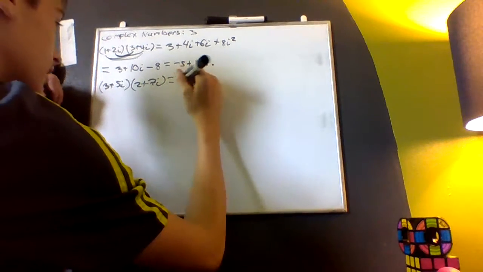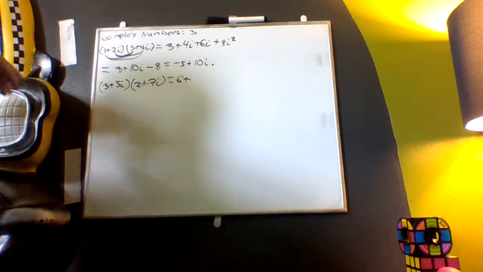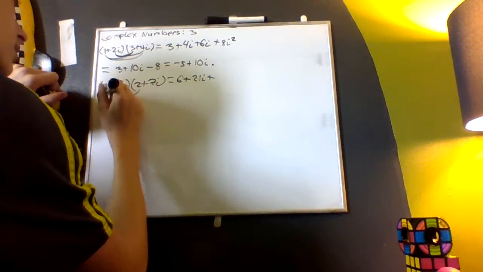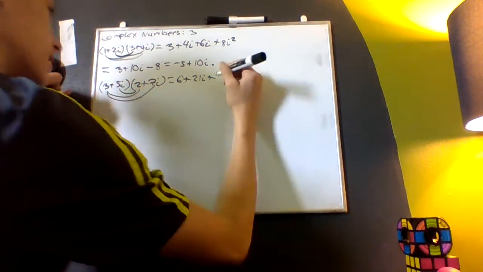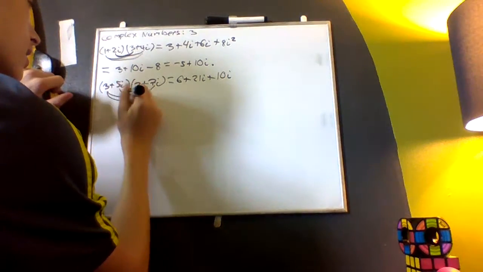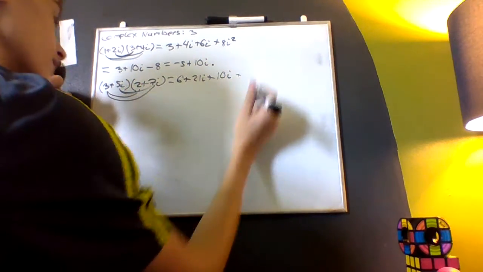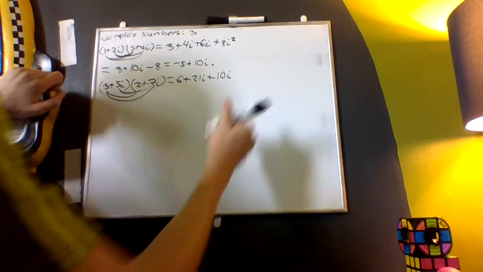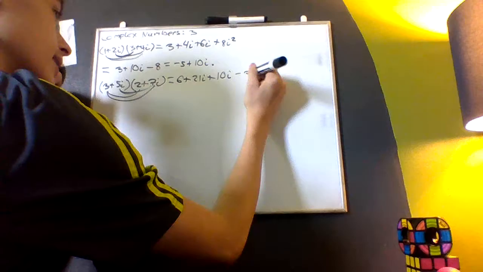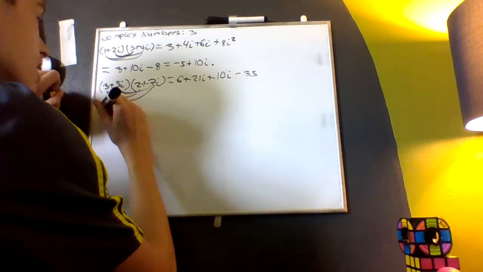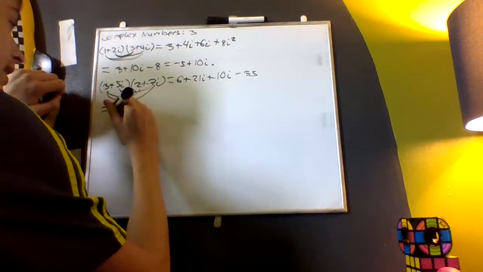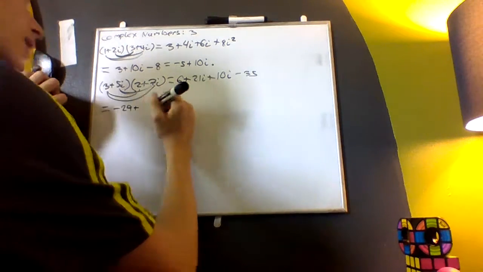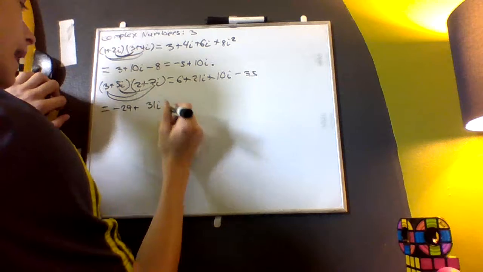It's going to be 6 plus 21i plus 10i. 5 times 7 is going to be 35, and then we're subtracting that because of the i squared, and then we get -29 plus 31i.